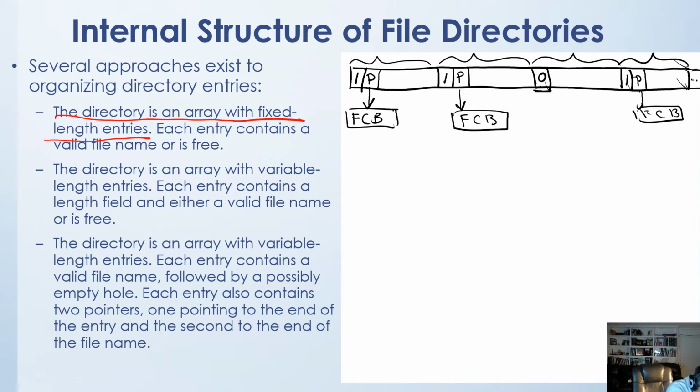So now the rest of the space, you can actually store the file name. Okay, you can store the file name. So let's use a different color. So these are occupied.